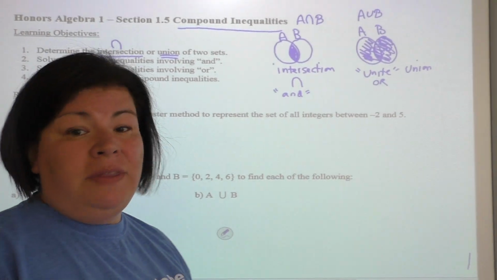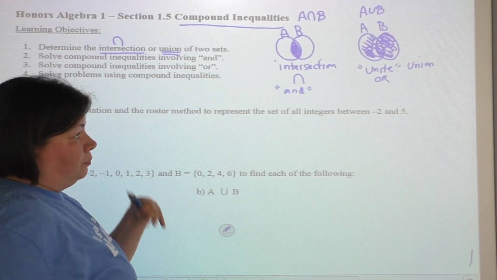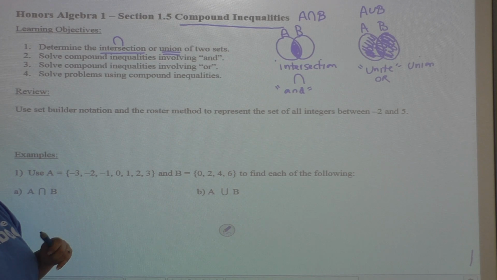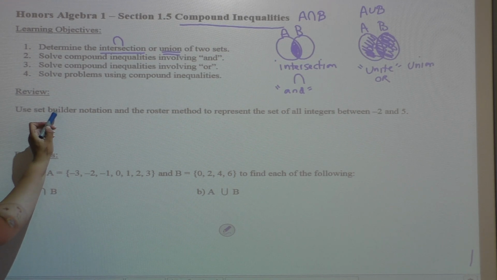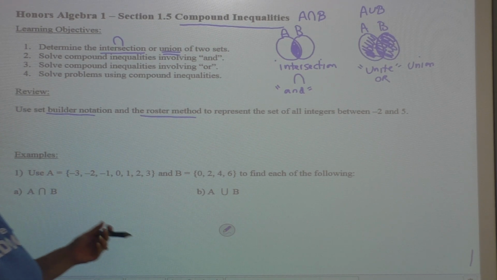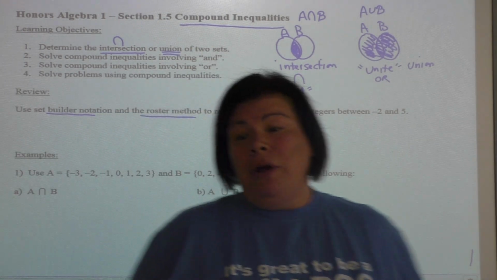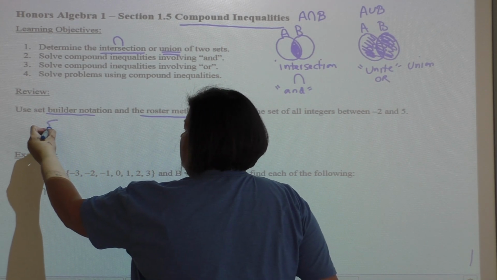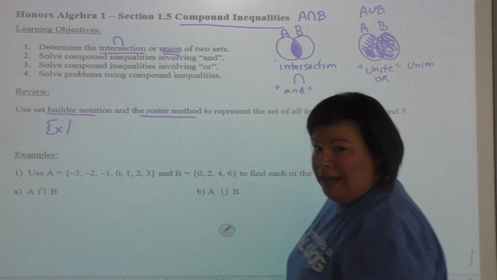So hopefully this helps. Now, that aside, let's go to reviewing some set builder notation and the roster method to represent the set of all integers between -2 and 5. So remember with set builder notation, we're basically saying the set of all x values such that.